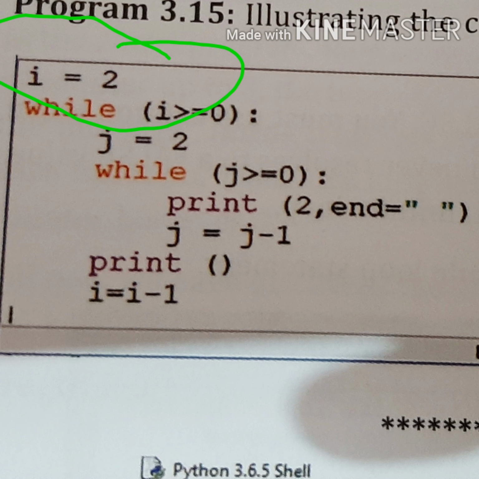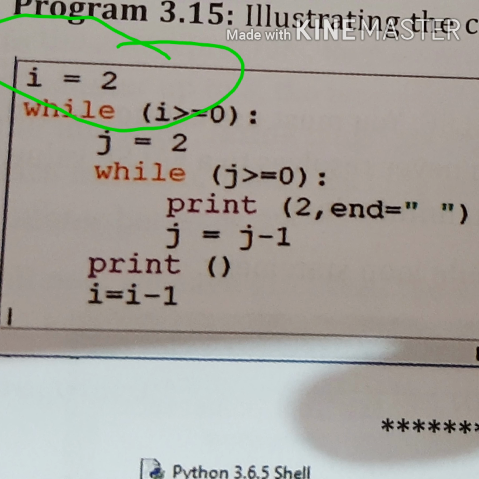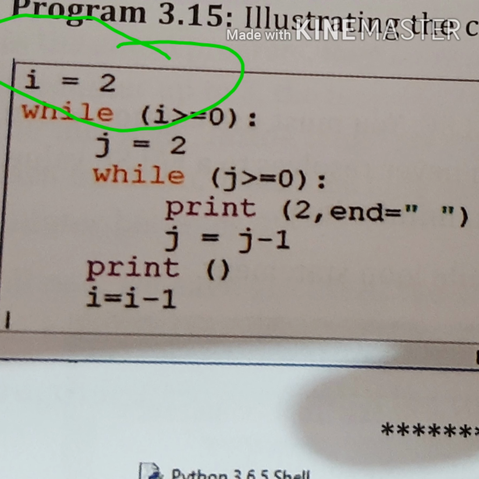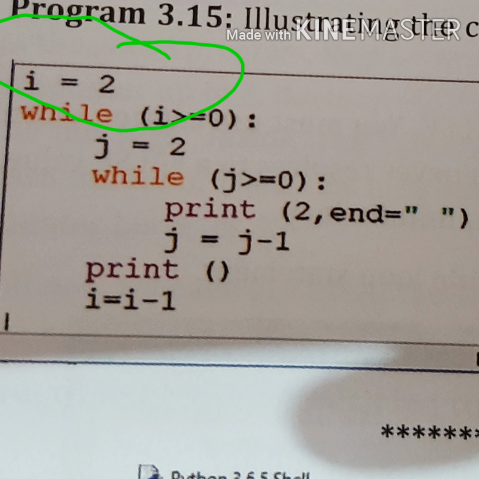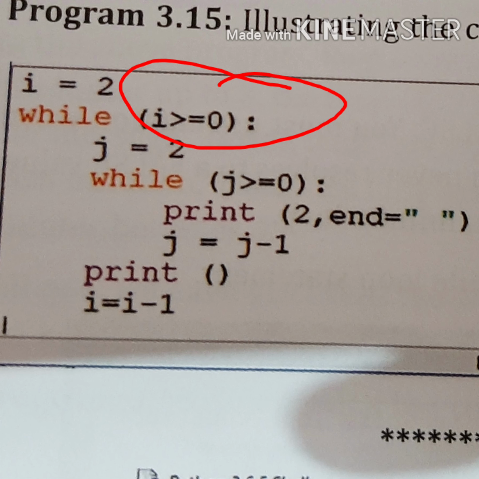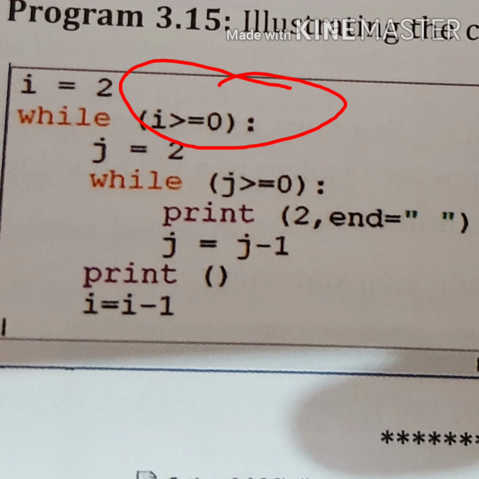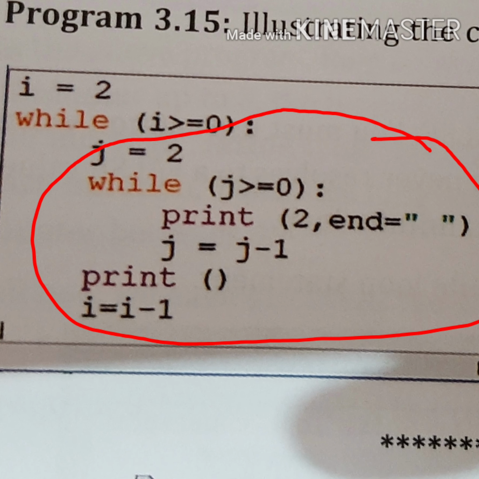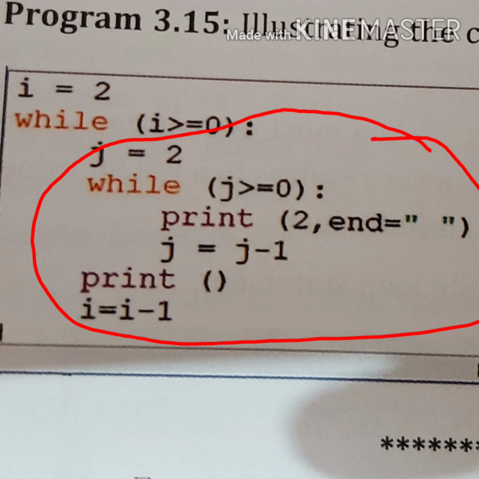In the above program, i is a loop control variable for the outer loop and is assigned a value 0 before the loop execution begins. The test expression is checked for the outer loop first. The body of the outer loop is executed as the test expression evaluates to true.